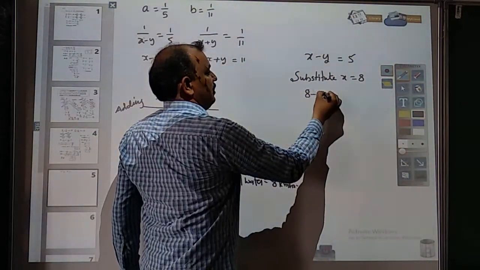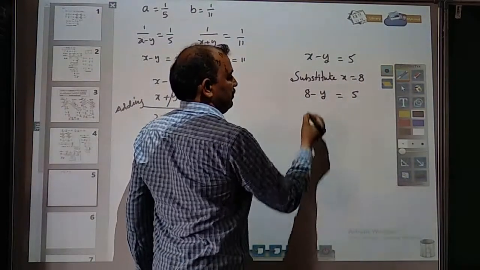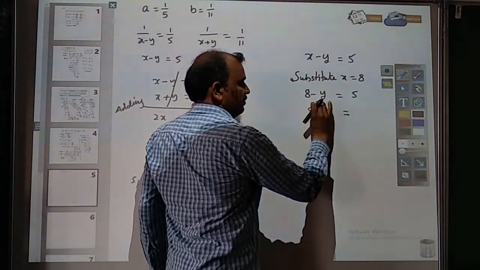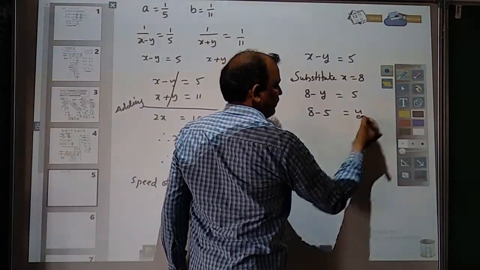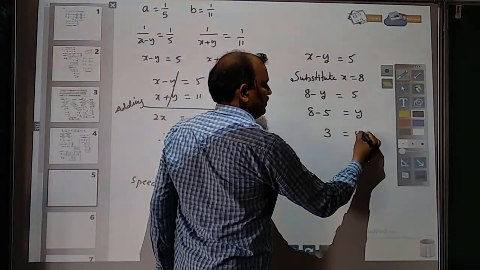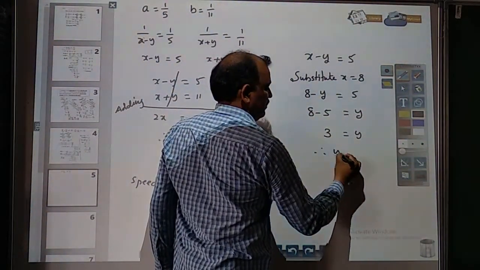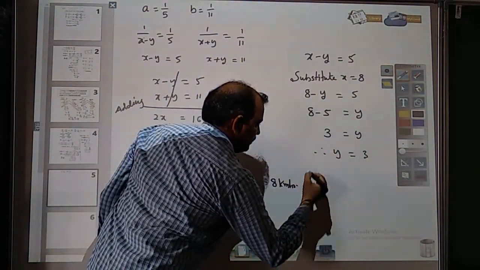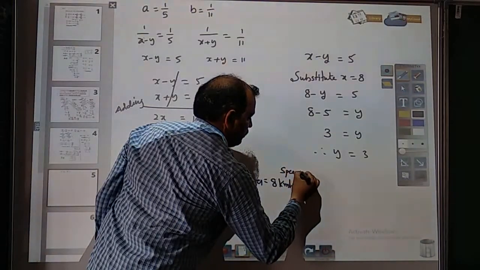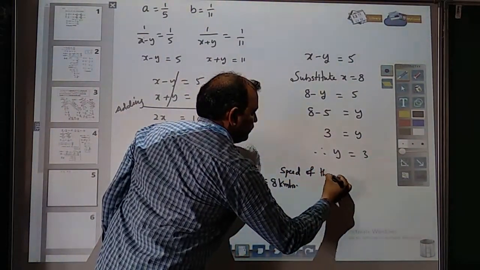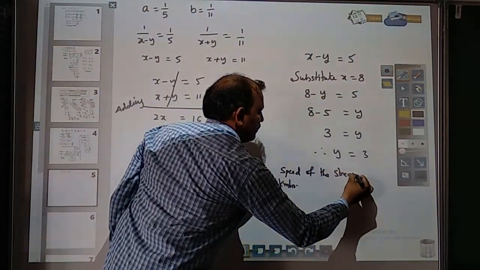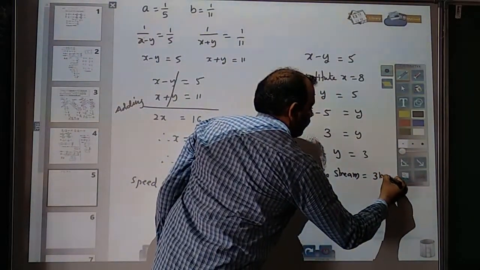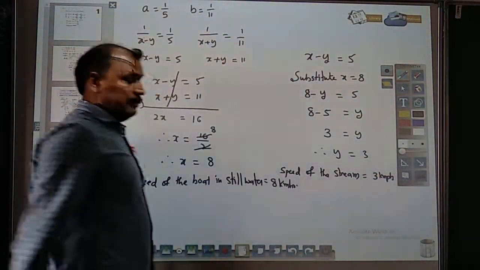So 8 minus y is equal to 5. This 5 transpose to left side, minus 5. This minus y goes to right side, plus y. 8 minus 5 means 3, that is equal to y. Therefore y is equal to 3. y means speed of the stream. y is equal to 3 kilometers per hour.